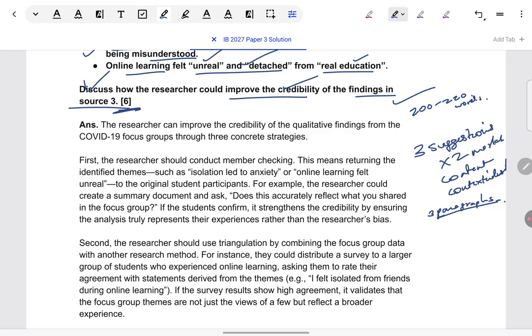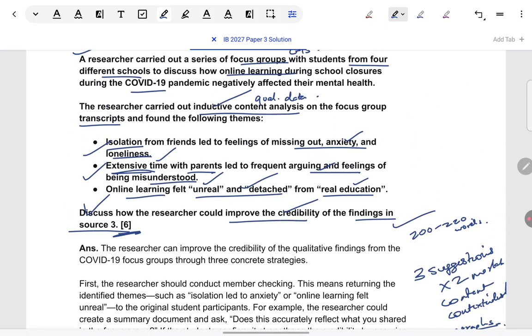In each, take one suggestion for improvement, and then keep on in the PEEL format linking it to anxiety, depression, mental health, the claim that we had seen. That's why reading the claim carefully was so important. We need to keep linking back to that, and of course to the whole stem given here.